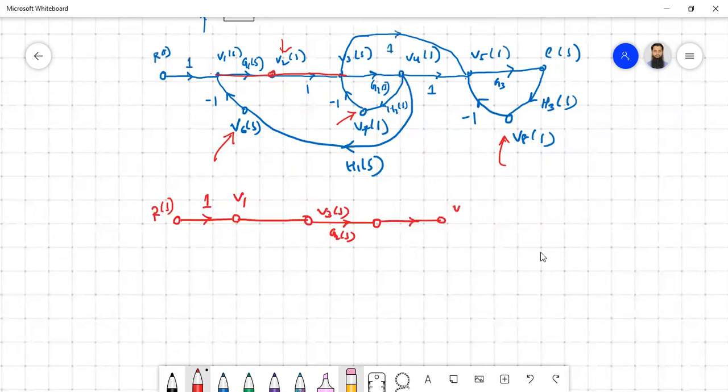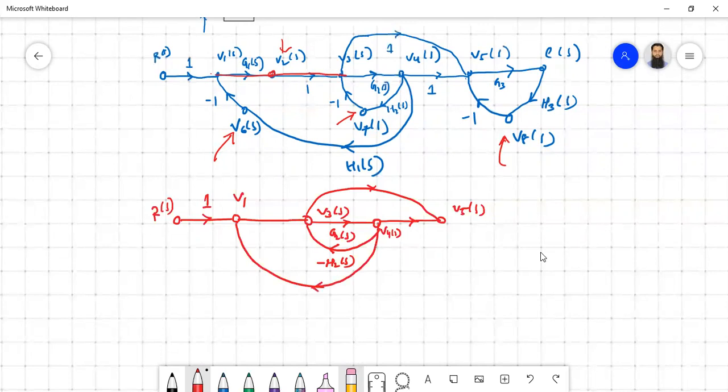So this is V4S, this is V5S, and now from V3 we have a path going there. So you take it from there, and from V4 there is a feedback path coming here, multiplying together. So basically it is becoming minus H2, and another one, it is actually going to V1 directly from that same location.